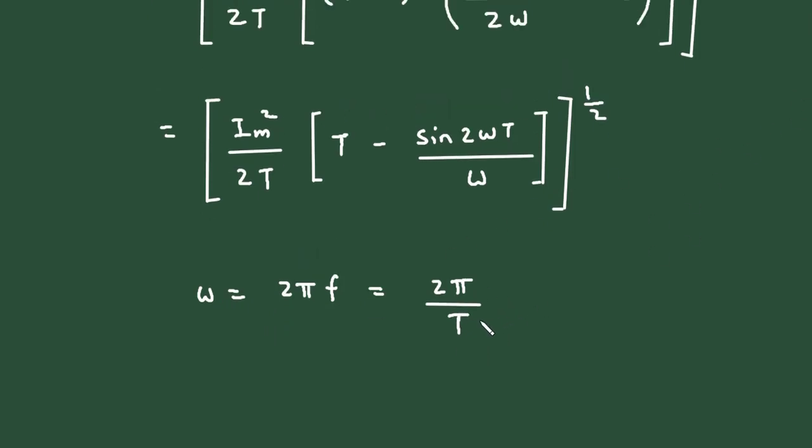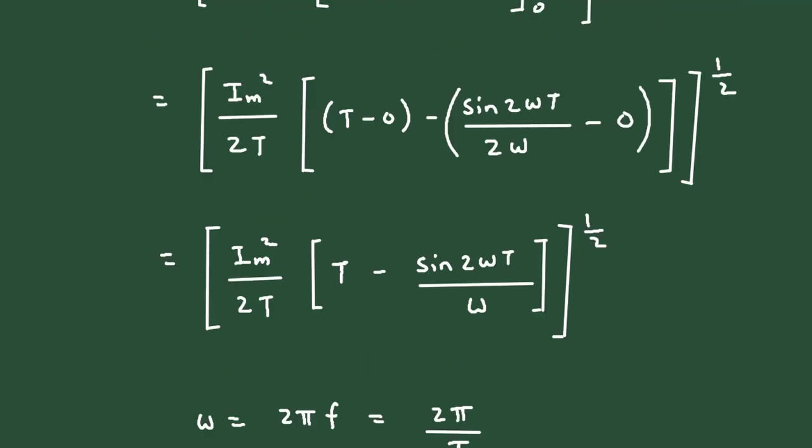Now here, if we take this T on this side, so it will be omega T is equal to 2 pi. So here we can substitute omega T is equal to 2 pi. So let's put here, this is 2. Don't forget this 2.